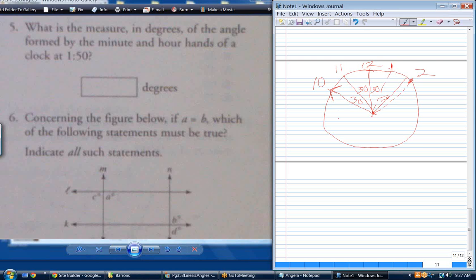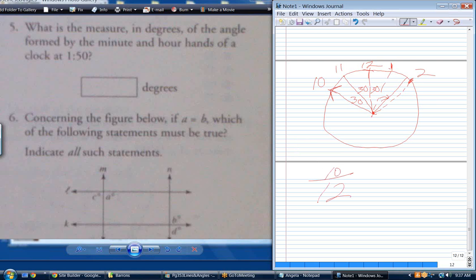How far around the circle has the big hand moved? What fraction? I don't know because it's not quite on the 1 or the 2.